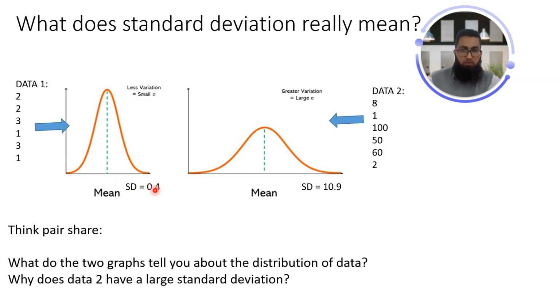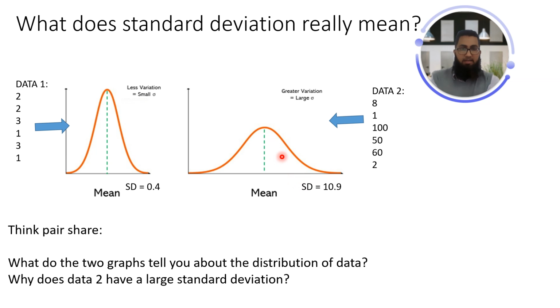So a small standard deviation means the data is very close together. That's why the graph here is very narrow. The dotted green line in the middle shows you the mean, and all the data is very close to that line.